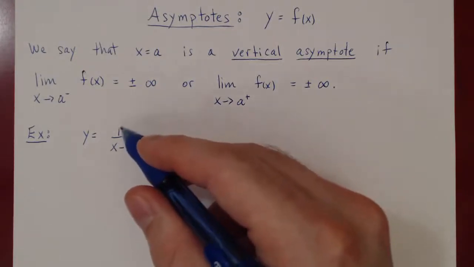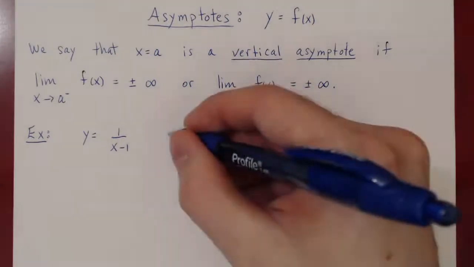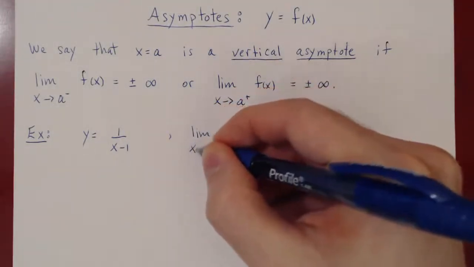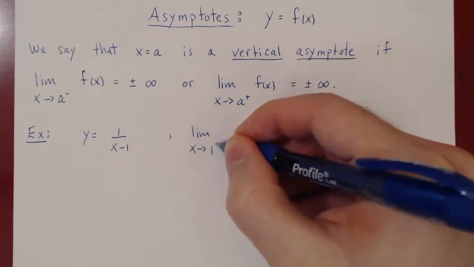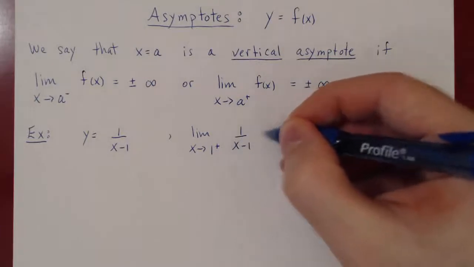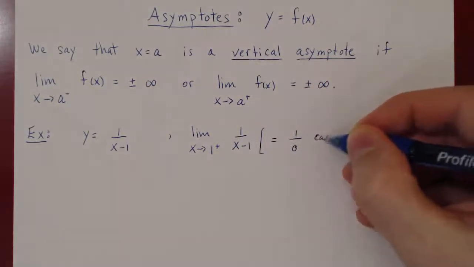Well, we have a constant numerator. If we have a division by 0, the function would blow up. So if we let x approach 1, say from the right, and we look at the function 1 over x minus 1, we have a 1 over 0 case.